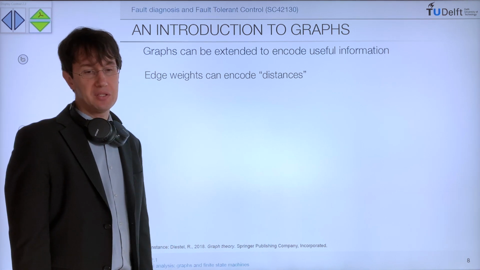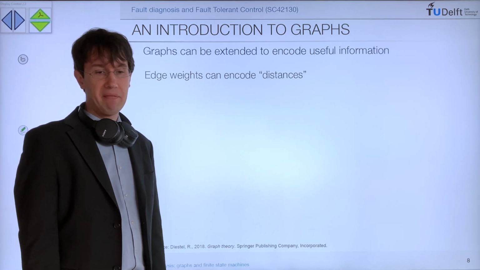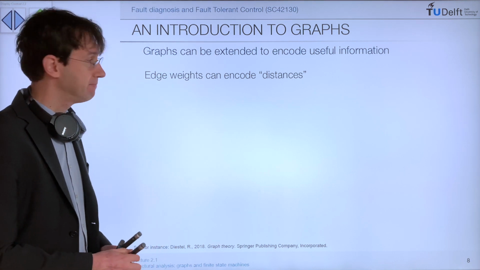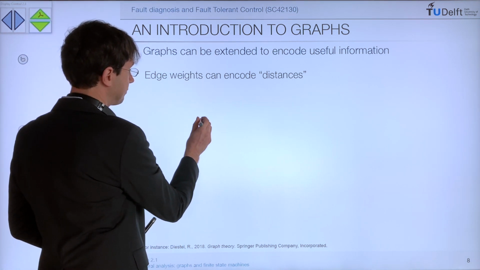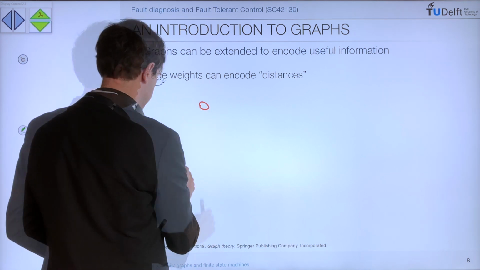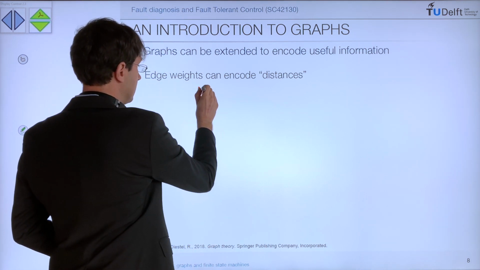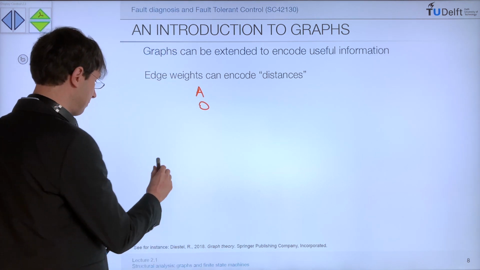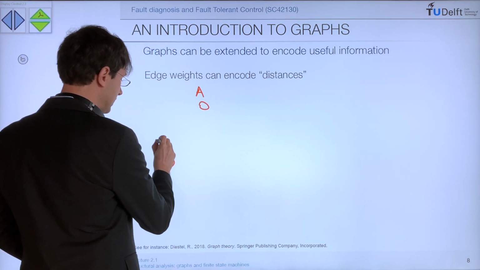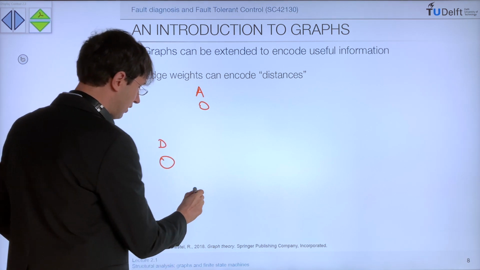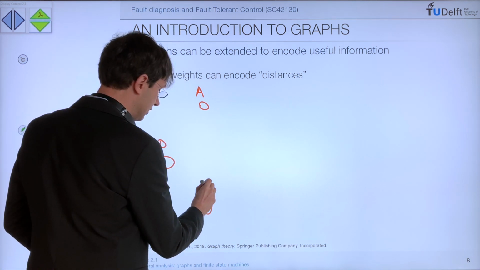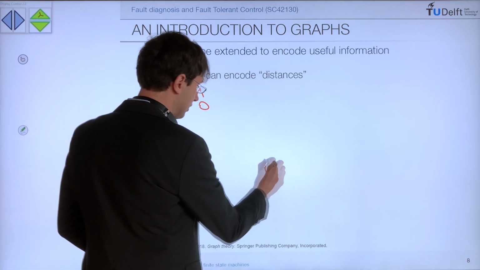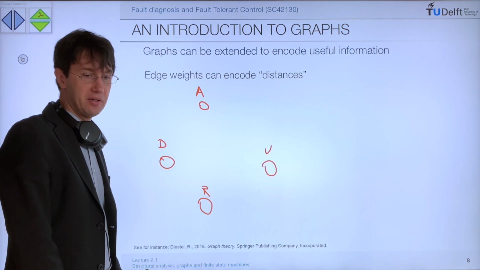And the first thing that you can do to a graph is to add something that is called a weight. Let us draw an example. So again, we consider a number of nodes, one that we call A, like Amsterdam, and then one that we call D, like Den Haag, and one that we call R, like Rotterdam, and one that we call U, like Utrecht.